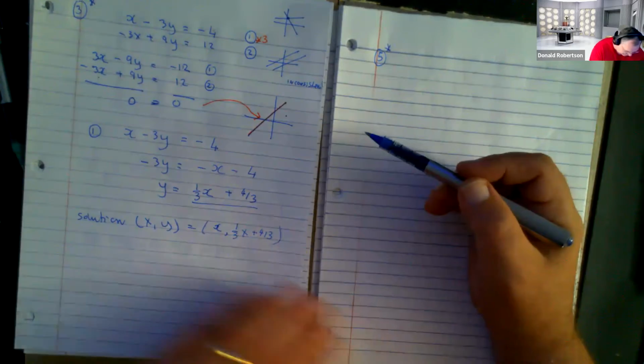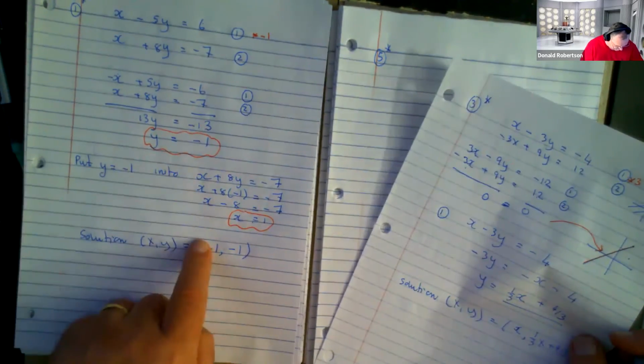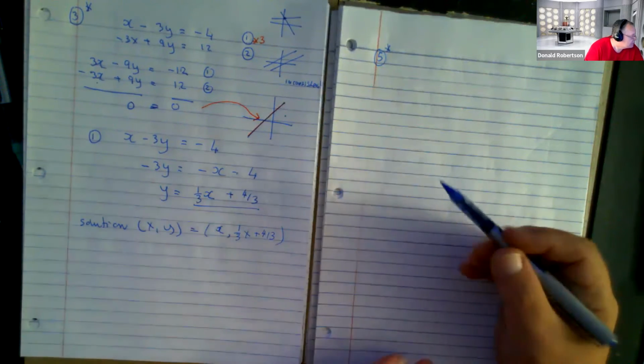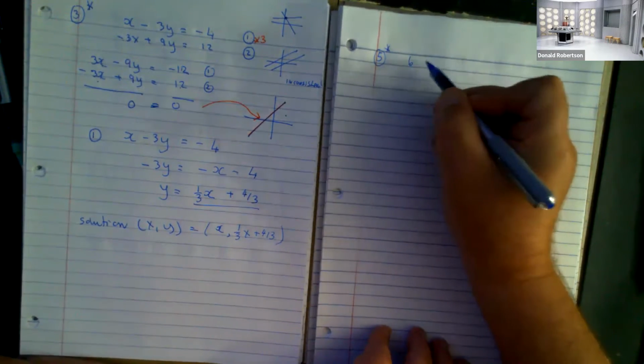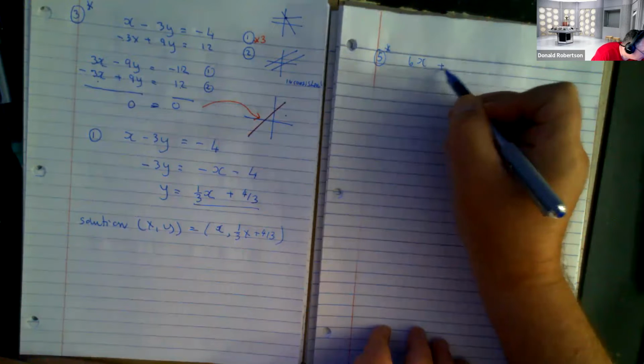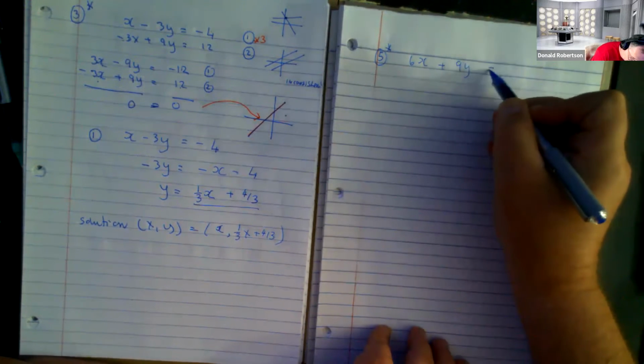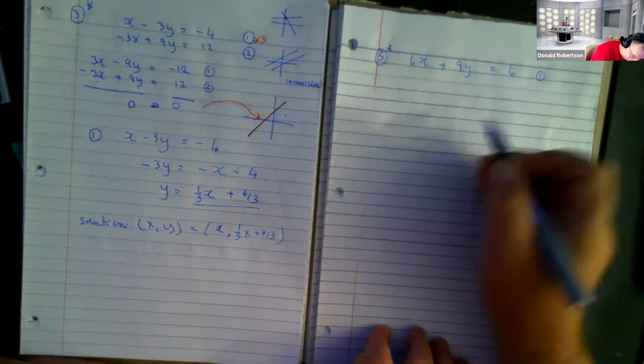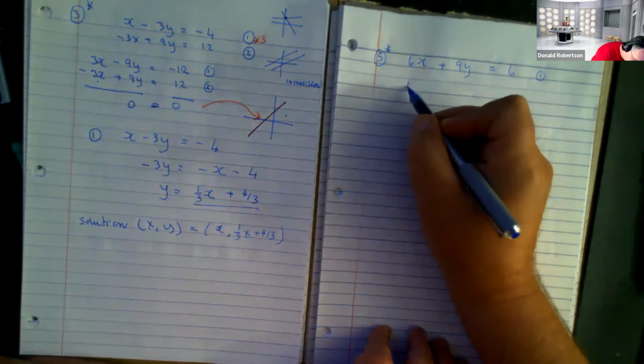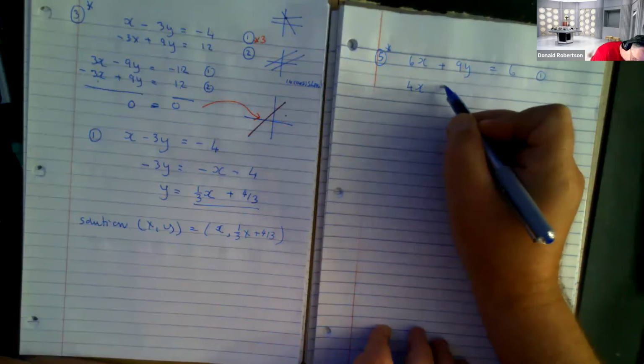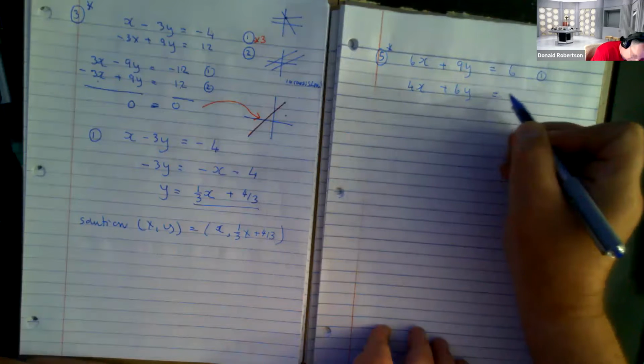The most likely event is going to be a solution that you can calculate two numbers with, an x and a y value. Right, let's return back to this one. We have a 6x plus a 9y equals 6 for that equation 1. And we have a 4x plus a 6y equals 5.